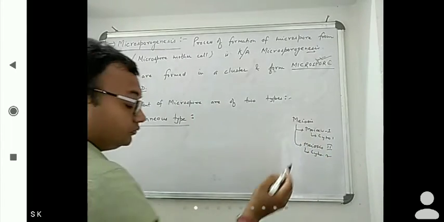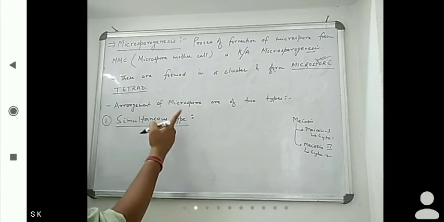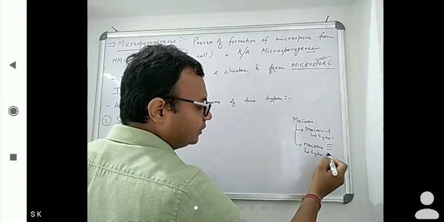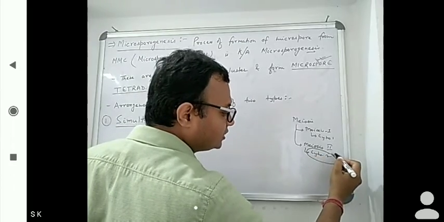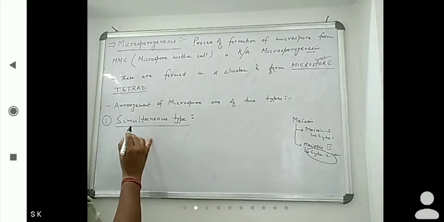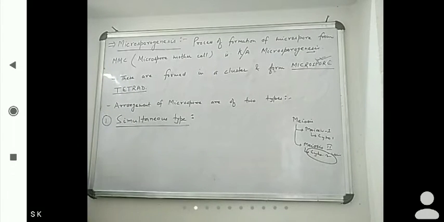If microspore development occurs with the help of only one cytokinesis, that type is known as simultaneous type.